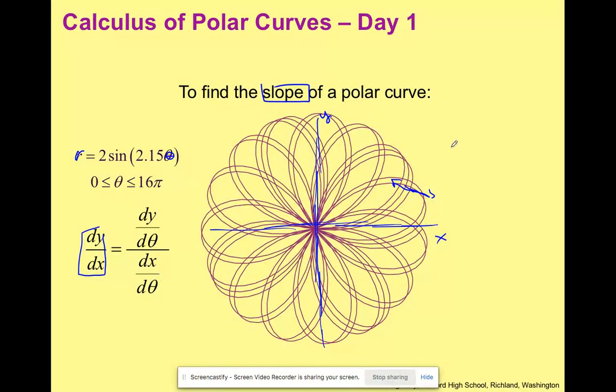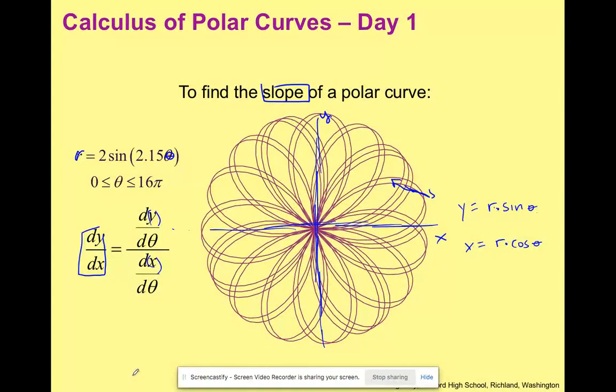That's dependent upon you knowing that y in polars is equal to r sine theta, which comes from your unit circle, right? And x is equal to r cosine theta. Notice that y and x are in terms of r and theta, but it is a product.